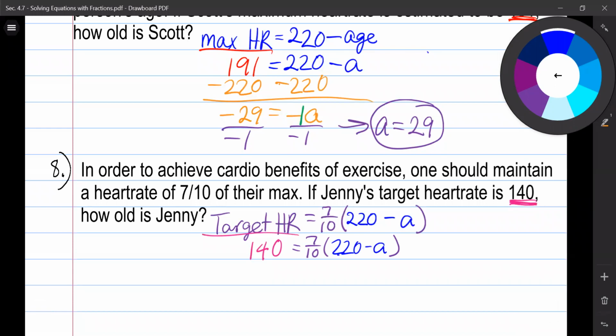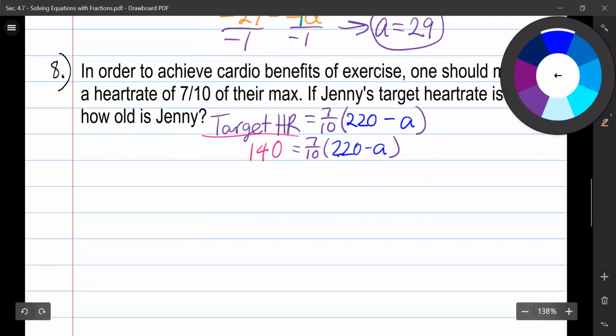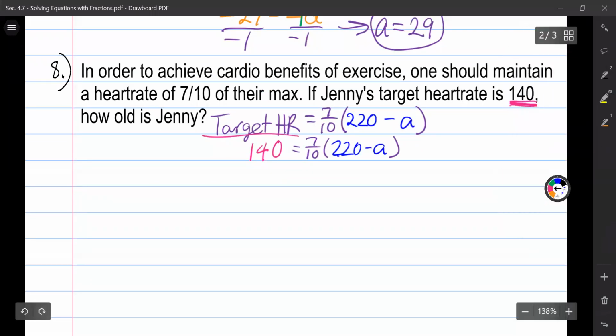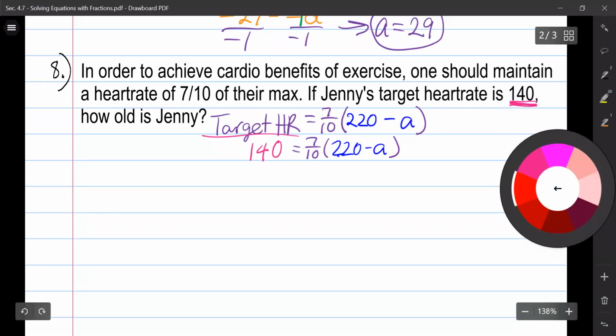All right. Okay, so probably the easiest way is go ahead and divide both sides by 7/10. So 140 over 1 divided by 7/10. You're going to flip the second fraction and multiply.